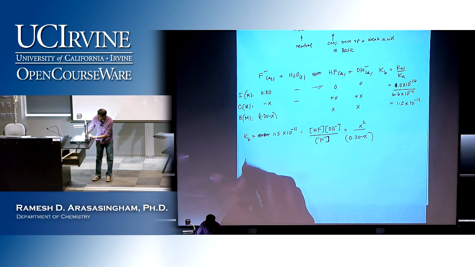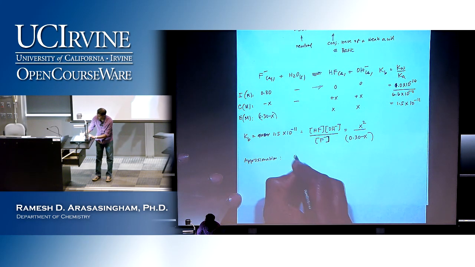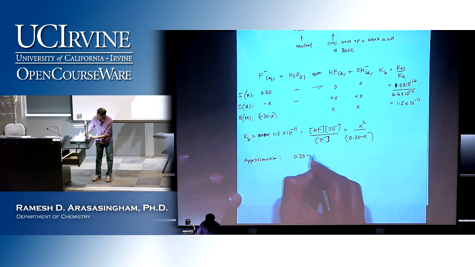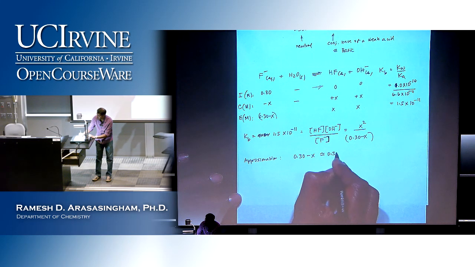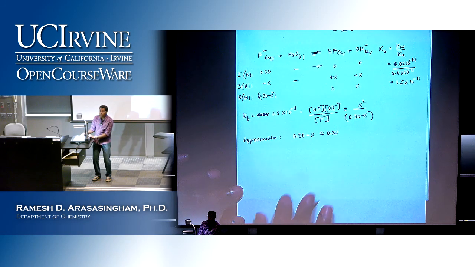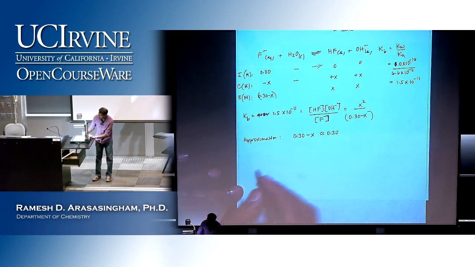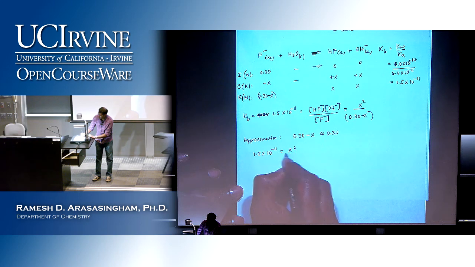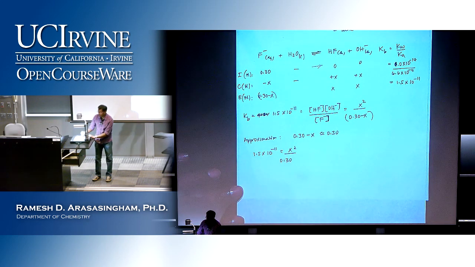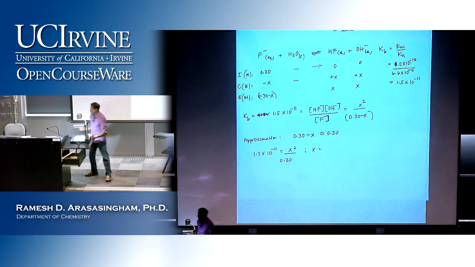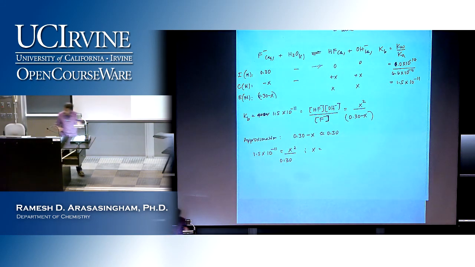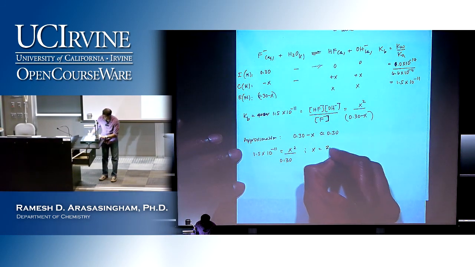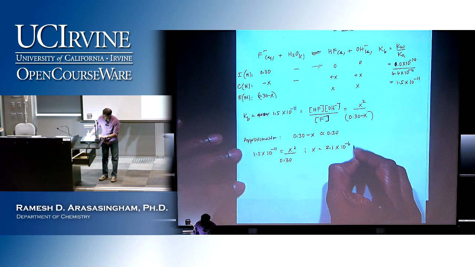Can I make an approximation? Yes. All right? So my approximation is going to be 0.30 minus X is going to be 0.30. And therefore, I can go back and say now 1.5 times 10 to the negative 11 equals X squared over 0.30. And therefore, if I solve for X, it comes out to be 2.1 times 10 to the negative 6 molar.